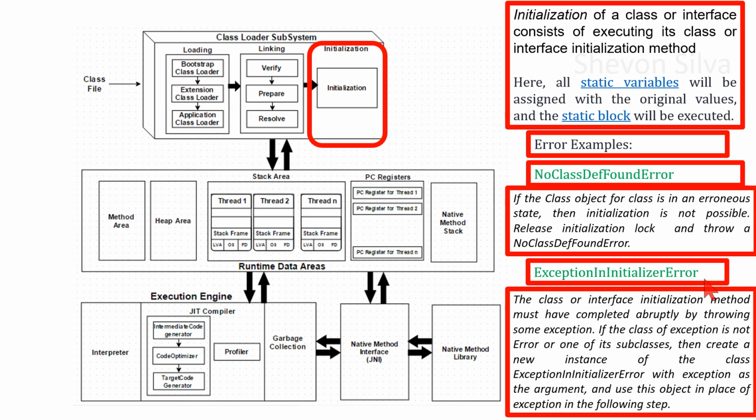If the class of the exception is not Error or one of its subclasses, then create a new instance of the class ExceptionInInitializerError with the exception as the argument, and use this object in place of the exception in the following step.